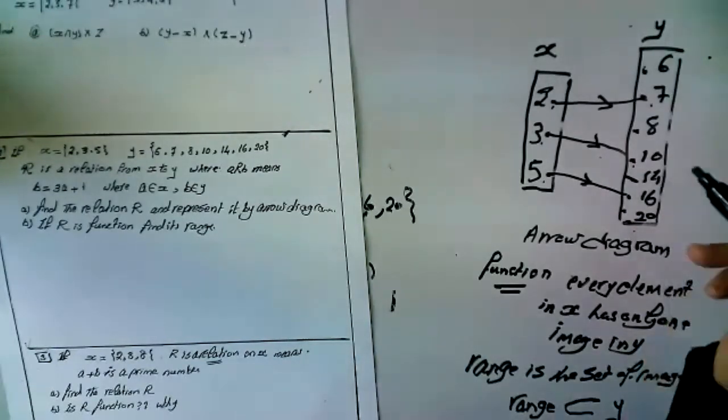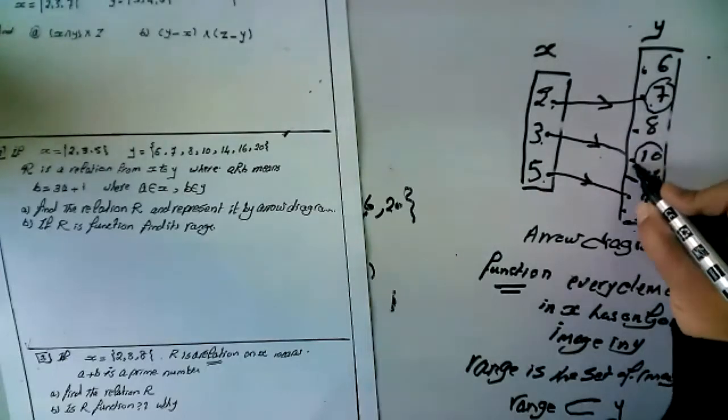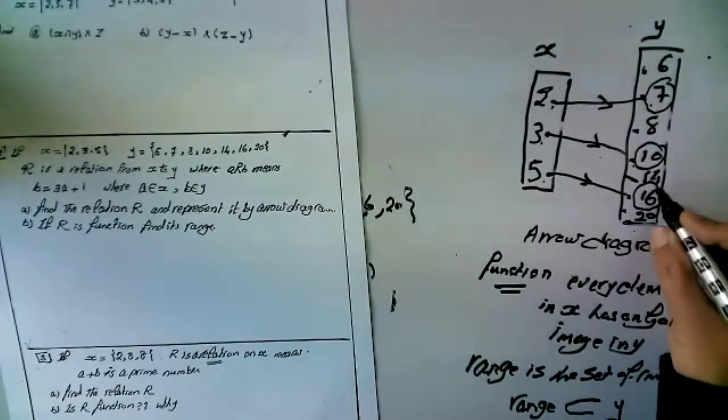The range is the set of elements in Y: 7, 10, and 16.